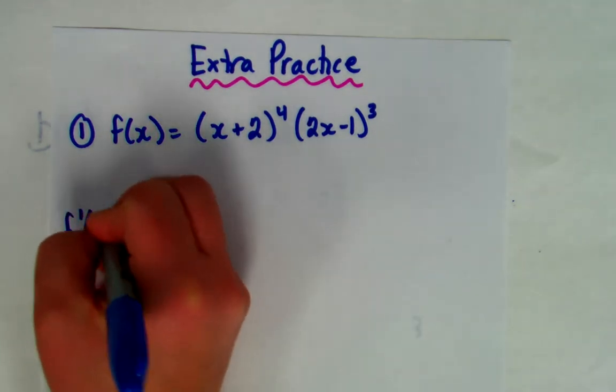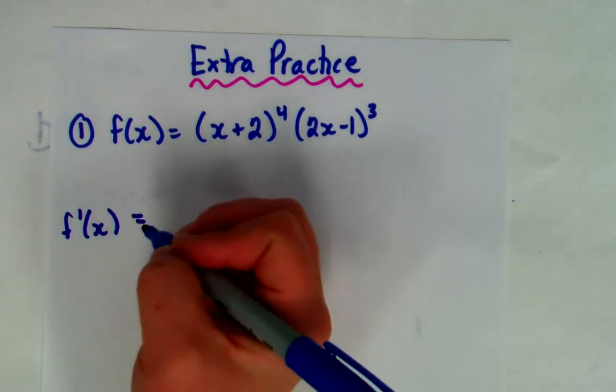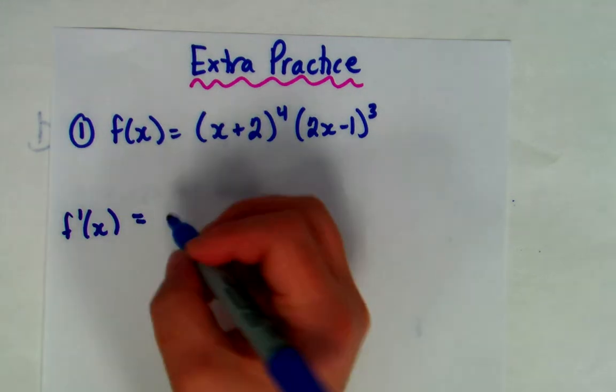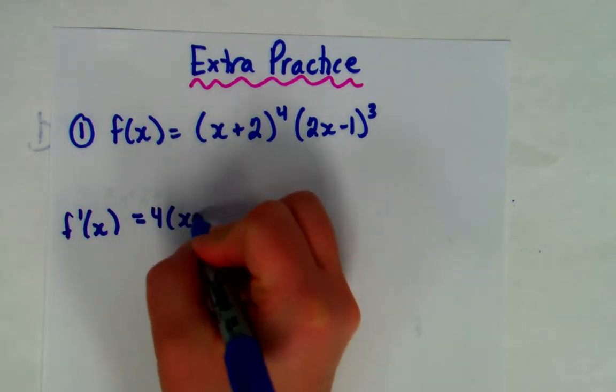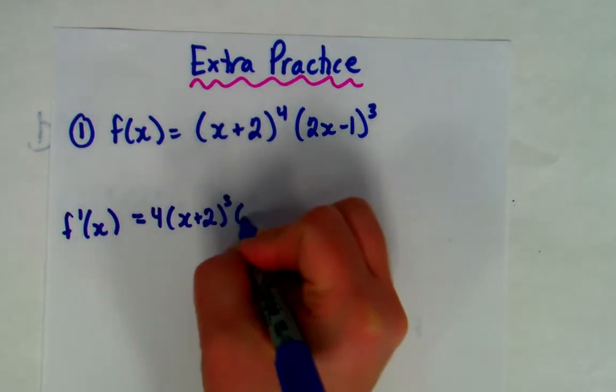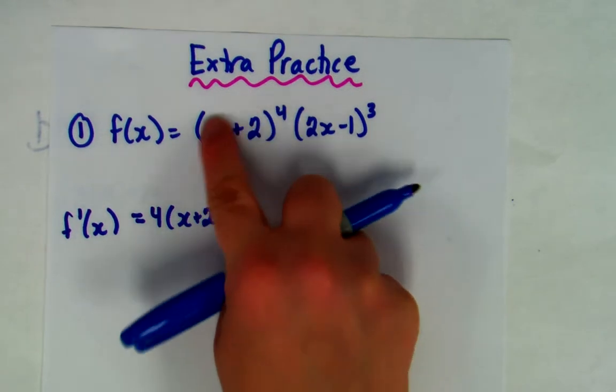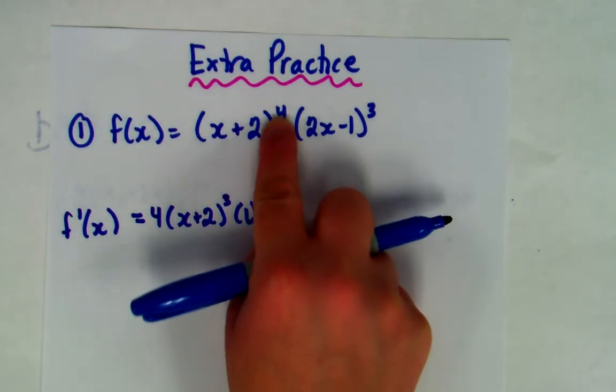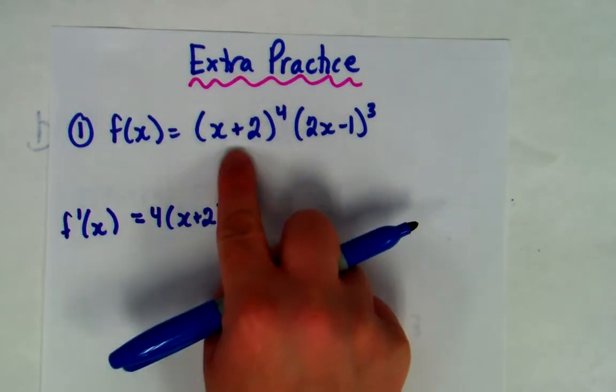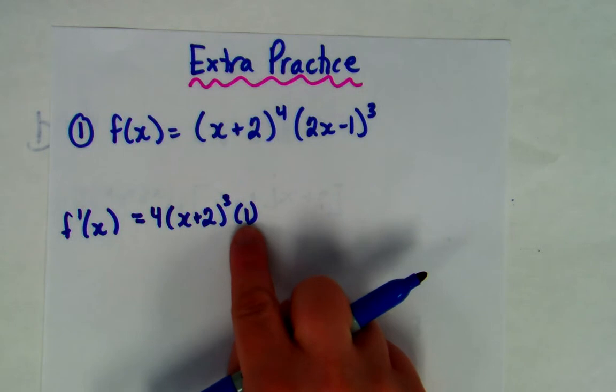So f prime of x is going to be, and this is where I'm going to do product rule, the derivative of the first. So I did chain rule. 4 came down, keep it the same to the exponent 3. Then I look inside, and the inside derivative is 1.